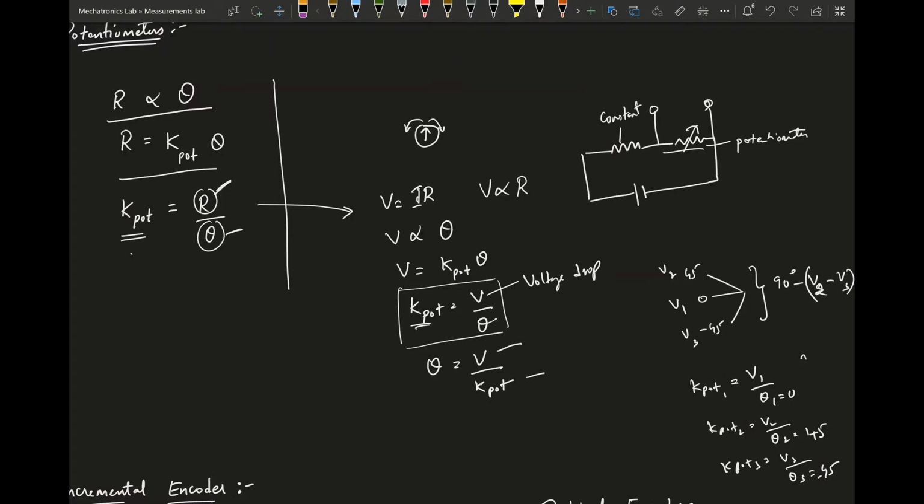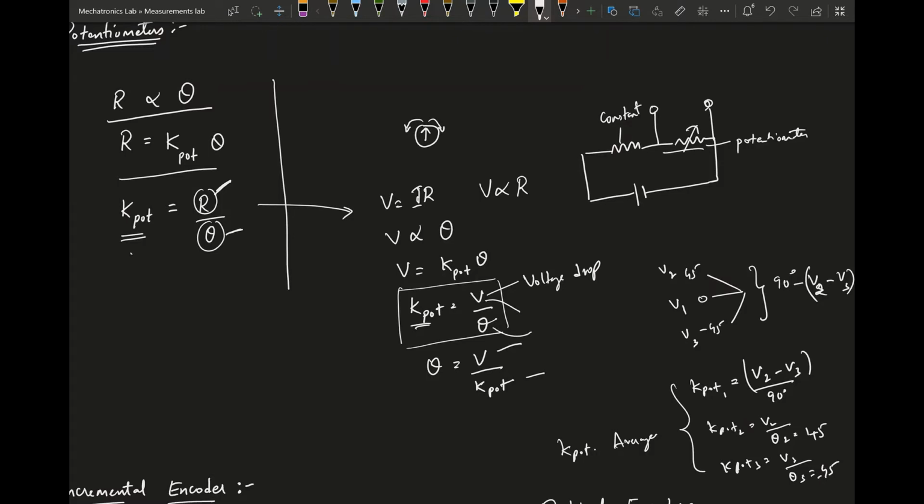So you can replace this by V2 minus V3 by 90 degrees. So you'll have three K pot values, and using these three values you can take an average, and that would be your K pot. So now once you have your K pot, if you have the voltage value, you can get the angle value directly.